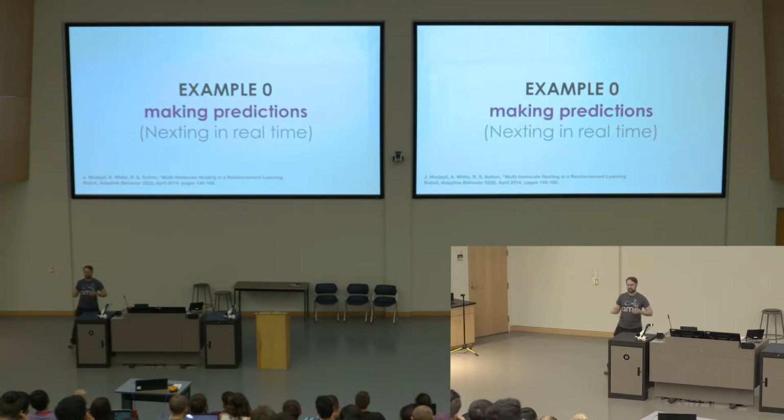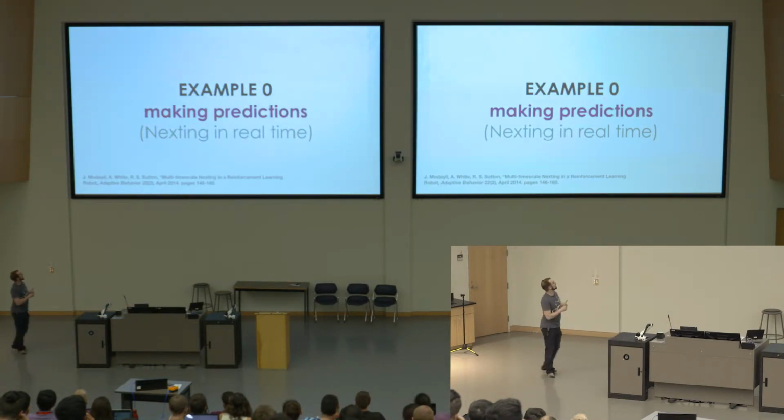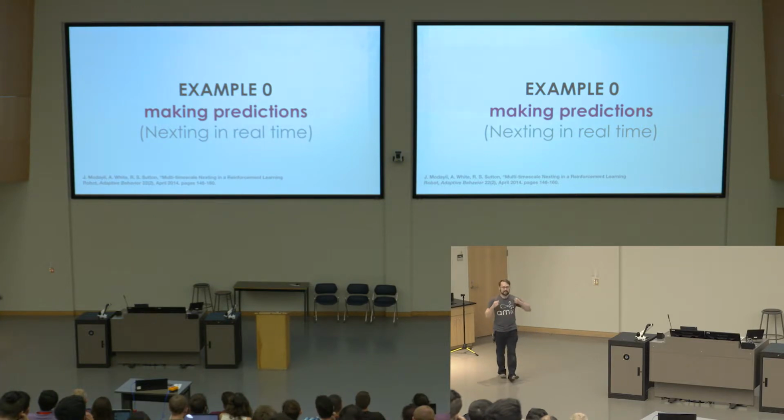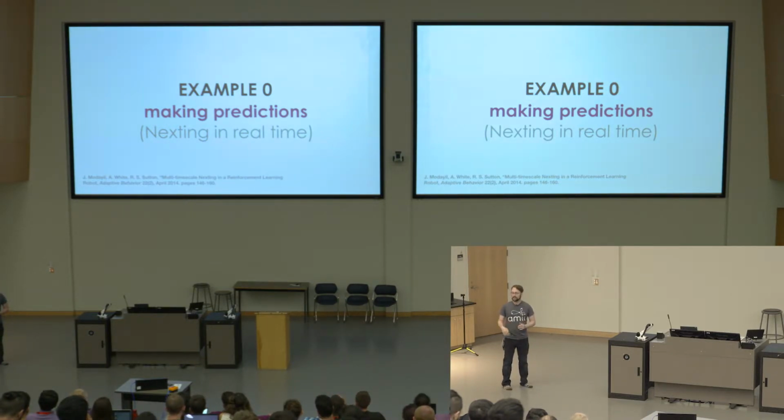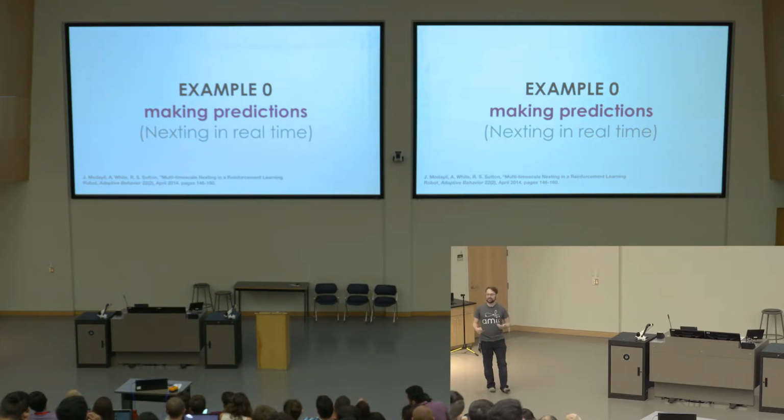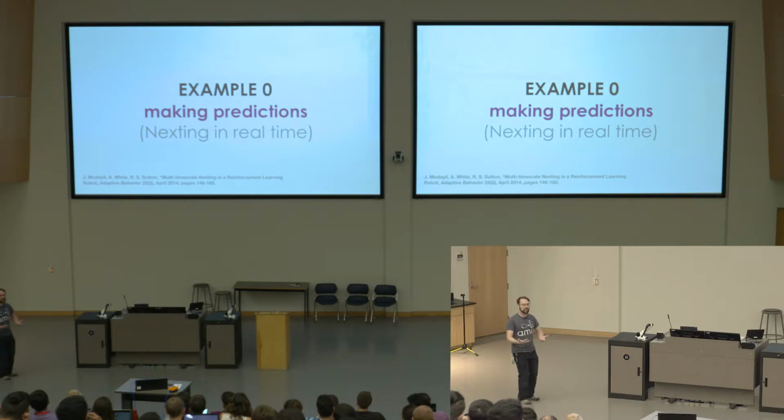And the way we did this, starting with the prediction, like example 0, is the case of just, can a system, like an artificial limb attached to the body, begin to actually make predictions in real time? This is something called nexting. This is really what I'll be referring to. The idea that you might ask a system to learn through data, through its own interactions, what's going to happen next.